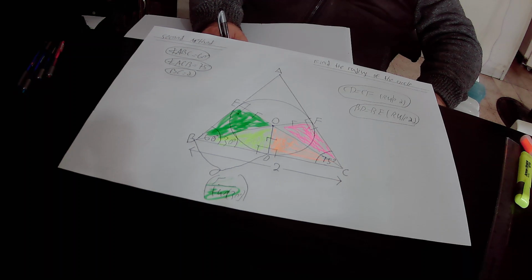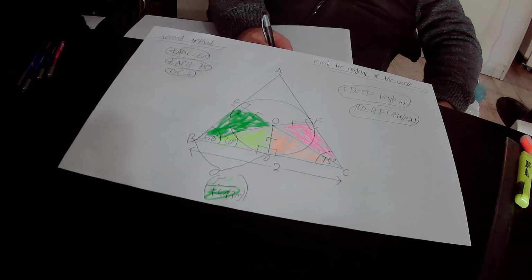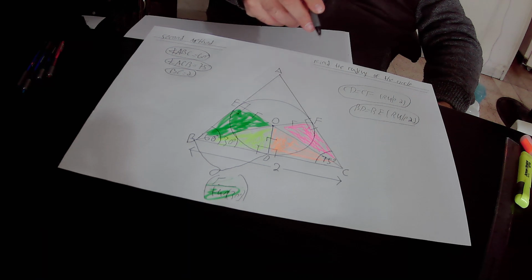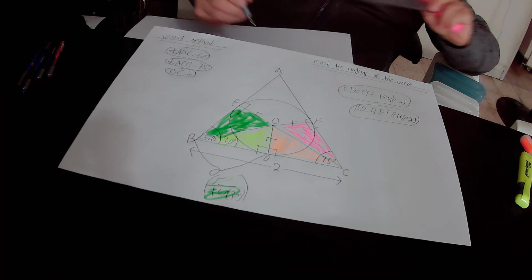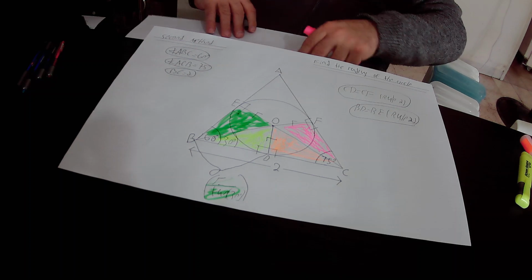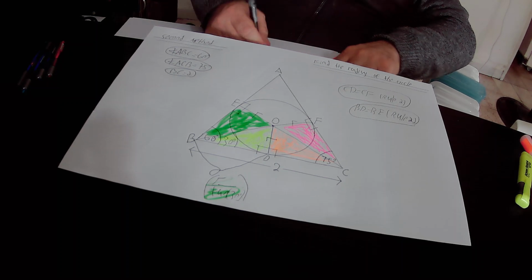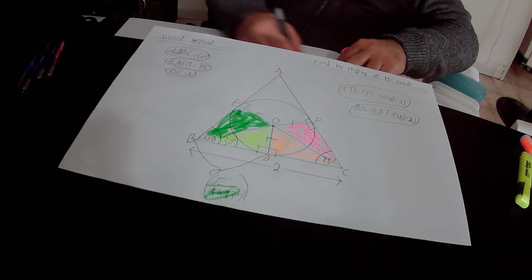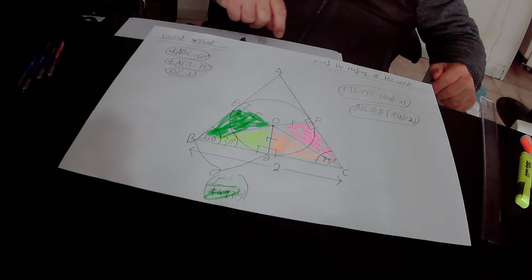So we prove that the right orange triangle, triangle ODC, is congruent to the right pink triangle, triangle OFC.